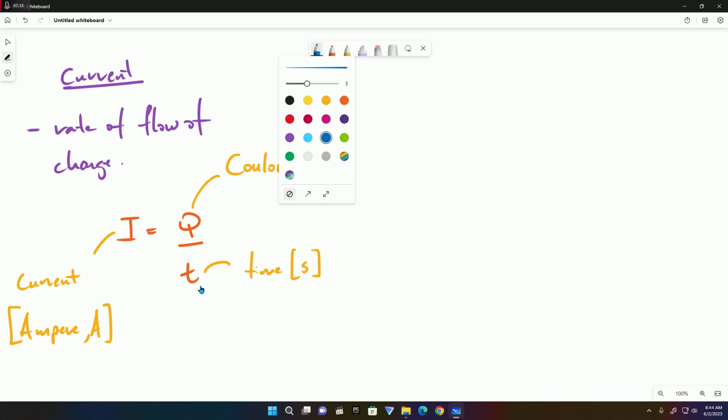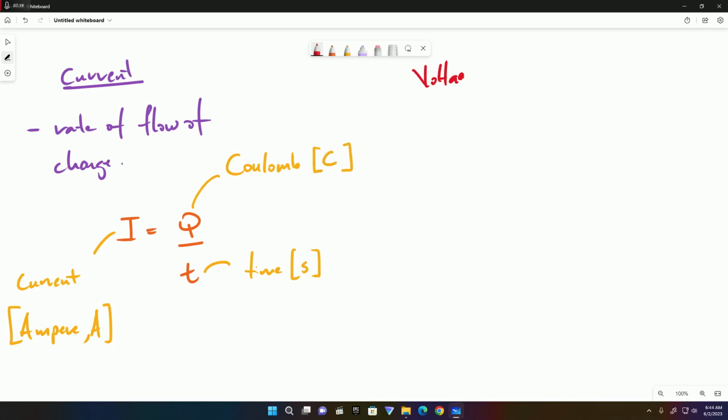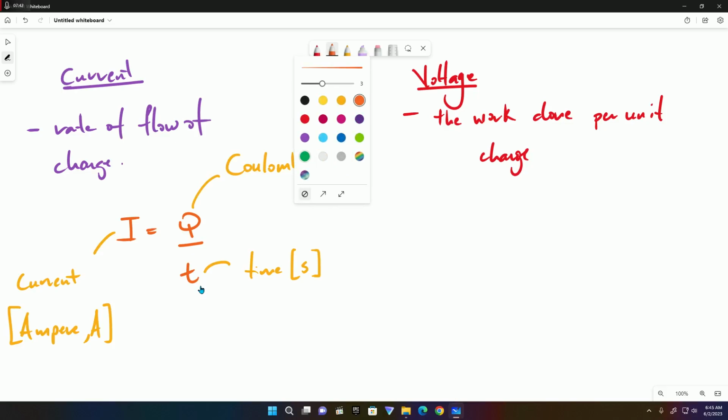Current flows because of voltage. You see, you need a voltage in order to have a current. But we define voltage as the work done moving unit charge. Work done per unit charge. This gives us another formula.